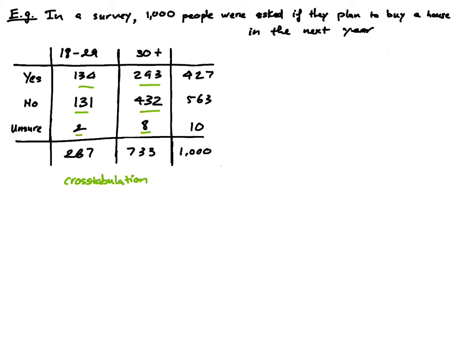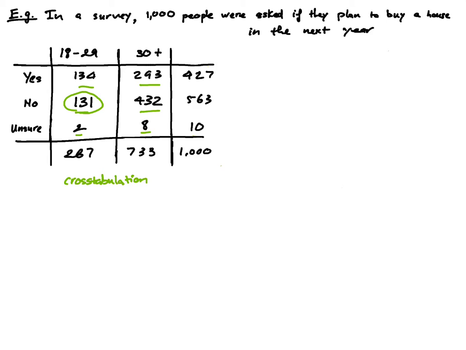So for example, you have 131 people who were not going to buy a house in the next year and who were 18 to 29. And so on and so forth. And then the numbers on the margin give the number of observations in the horizontal or vertical categories.